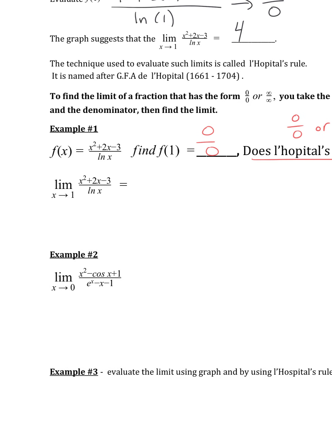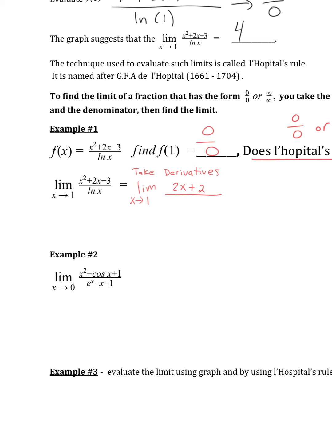The first thing we're going to do is take the derivatives. So the limit as x approaches 1 still comes along. We take the derivative of x squared plus 2x minus 3. In the numerator, our derivative is 2x plus 2.